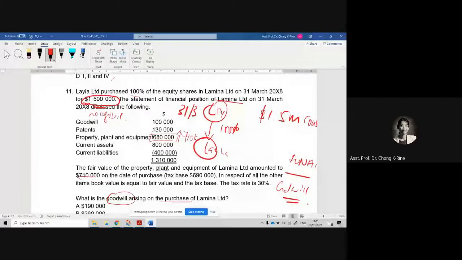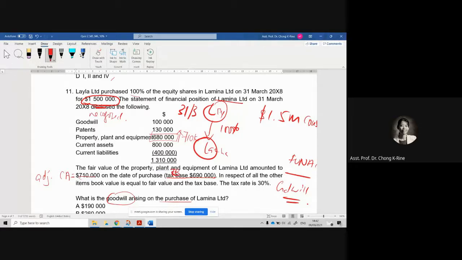However, the tax base is a bit tricky here. Tax base is 690,000. We will calculate our deferred tax using the revalued amount, because we will increase our carrying amount of PPE from 680 to 710. So our adjusted carrying amount of PPE will be 710,000, and our tax base is 690,000.